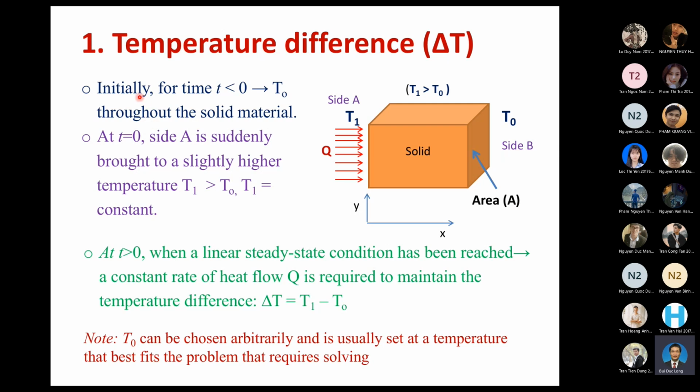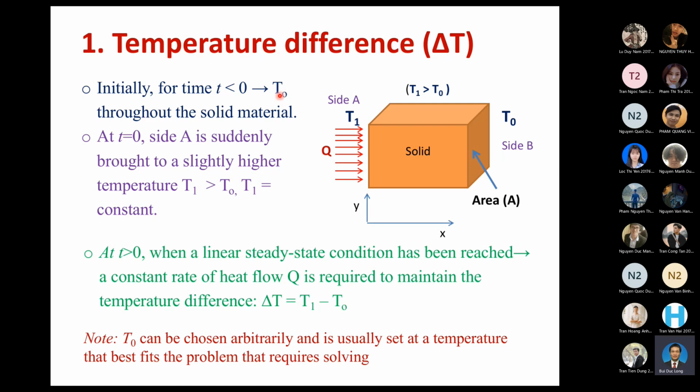Initially, for time t smaller than 0, all the temperature of this solid is uniform. So the temperature of this solid is T0 initially, if we keep it at room temperature, for example.